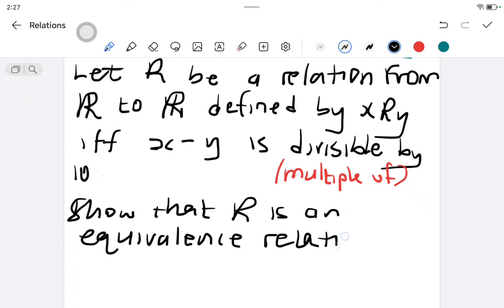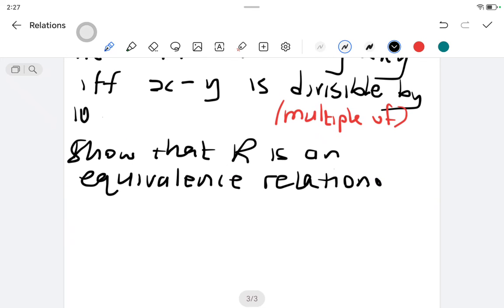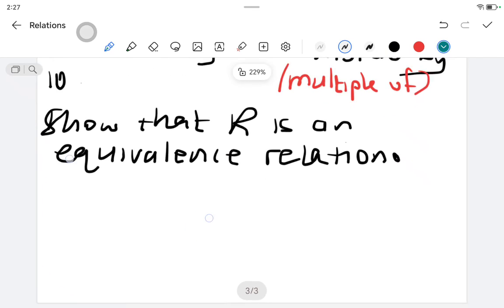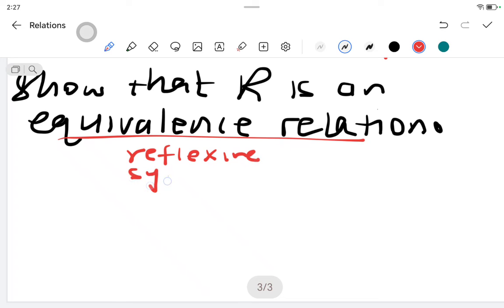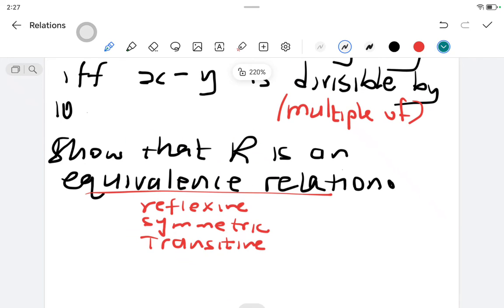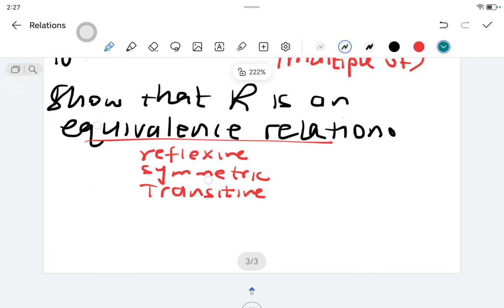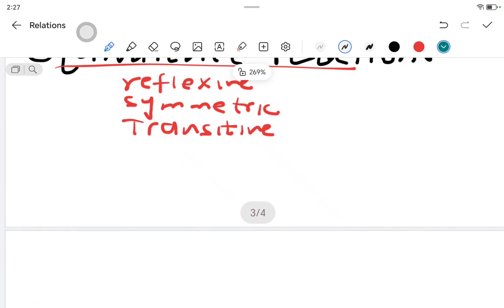Remember, for us to show an equivalence relation, we must show that it is reflexive, that it is symmetric, and that it is transitive. So we're going to first show reflexive.